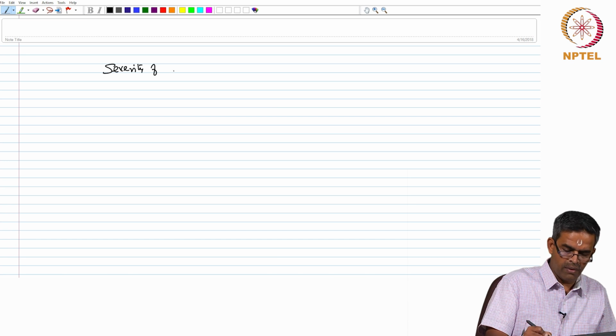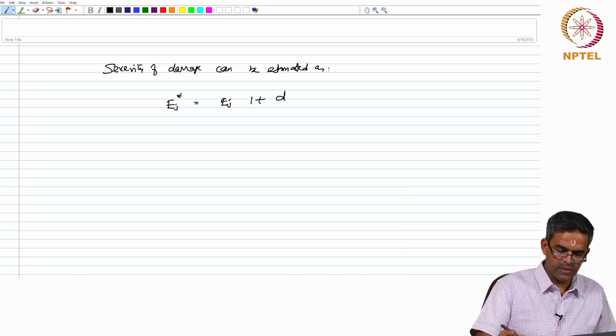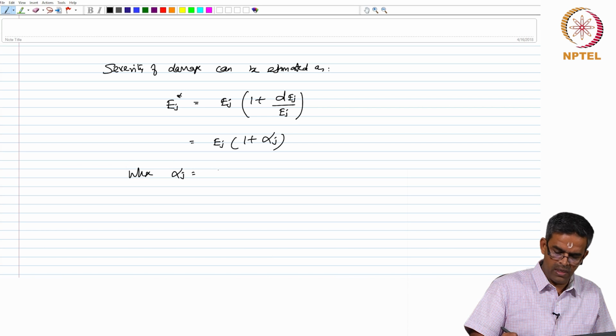Severity of damage can be estimated as E_j star is E_j (1 plus dE_j by E_j), which will be E_j (1 plus alpha_j), where alpha_j is gamma_ij k_i star by gamma_ij star k_i minus 1.